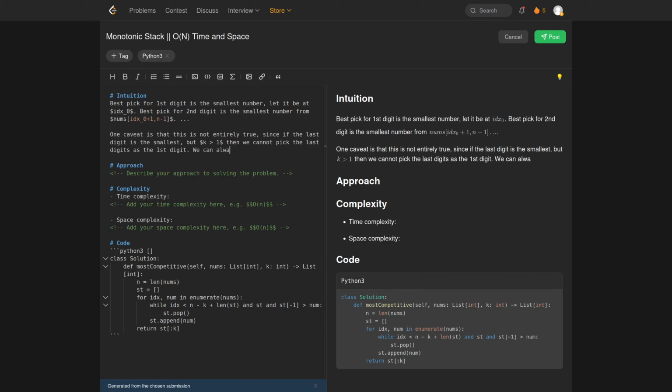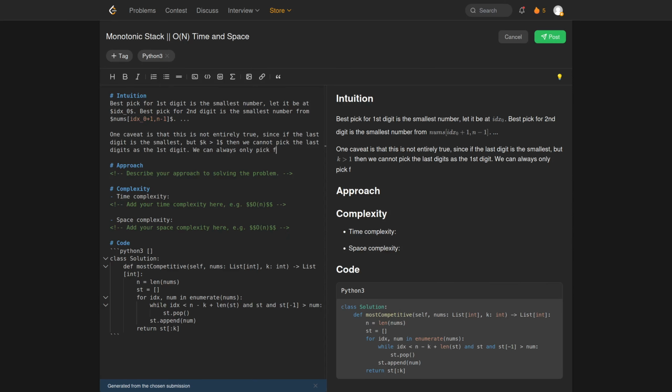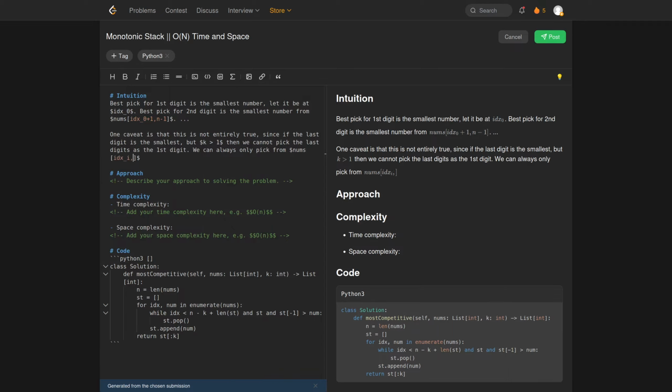We can always only pick from array nums, and now we'll have index i plus 1 to n minus k.